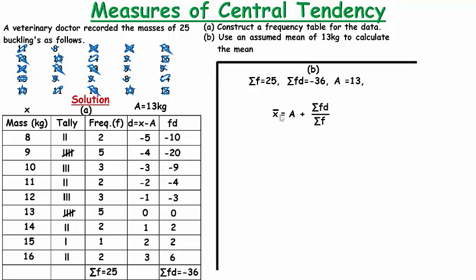So this is my formula for mean using assumed mean. So without wasting time, I'll substitute all the values for the three different parameters I have over here. So A is the assumed mean, which is 13, plus summation of fd is minus 36 divided by summation of f is 25.